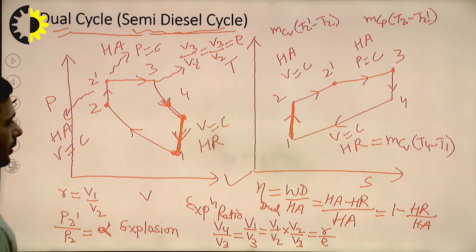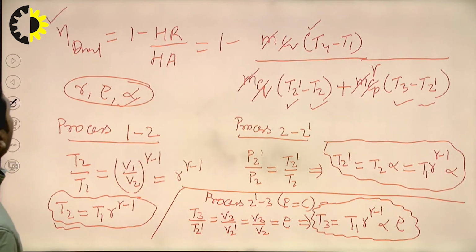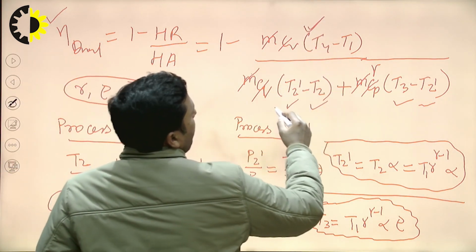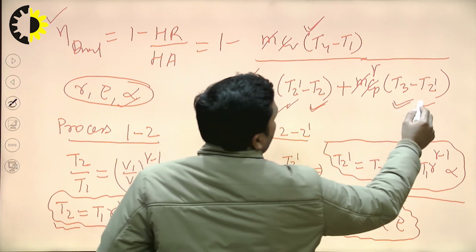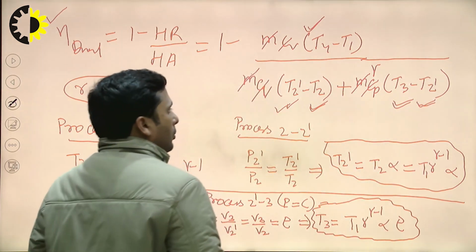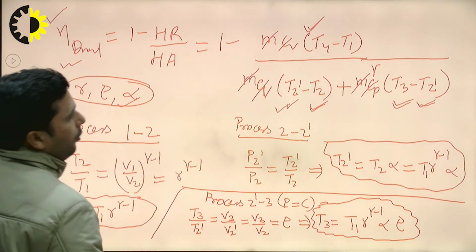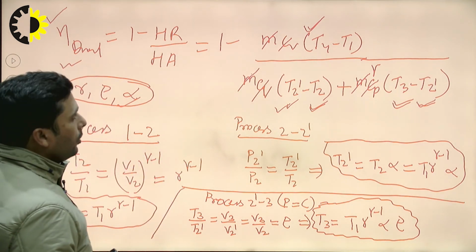So, from here you can see, if we put the values of T4, T2 dash, T2, T3 and T2 dash in this expression, the thermal efficiency of the dual cycle will come in the format of r, alpha and rho.